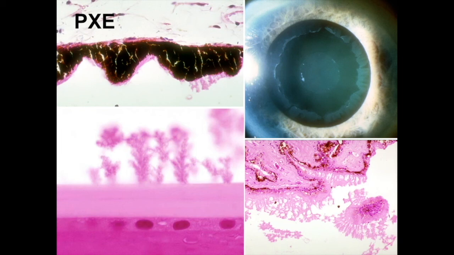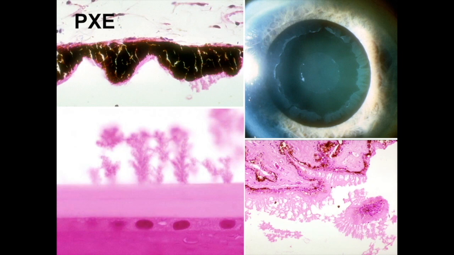The iris pigment epithelial abnormalities are seen at top left. There's this coarse sawtoothing of the iris pigment epithelium. This leads to dispersion of pigment. The material on the anterior lens capsule is seen at bottom left.